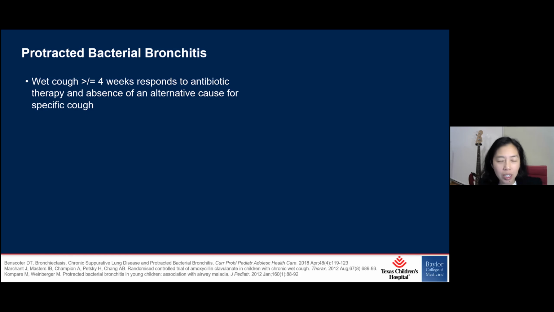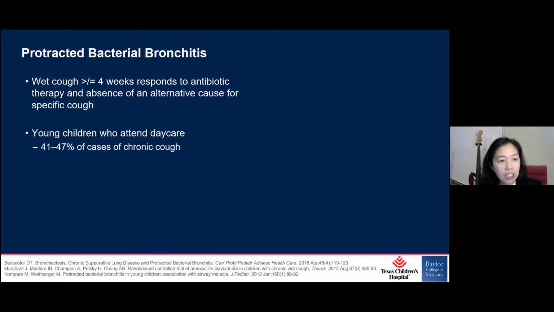It's interesting because this has become such a hot topic in the world of pediatrics and pediatric pulmonology, yet the definition does not involve any invasive BAL, like having to get cultures from the lungs, but this is the definition.